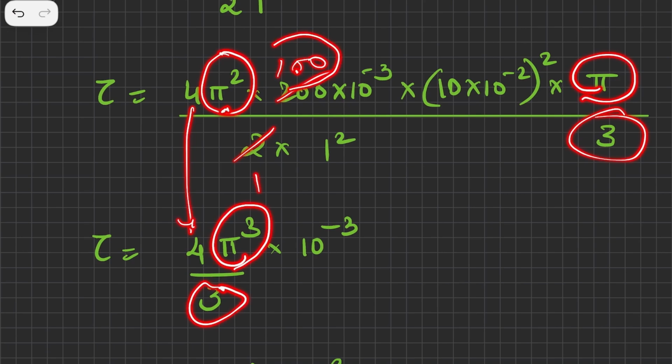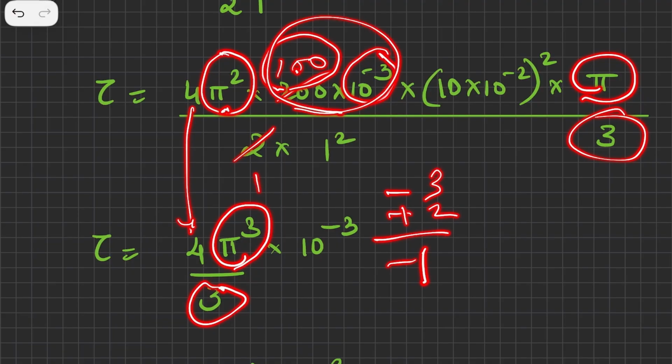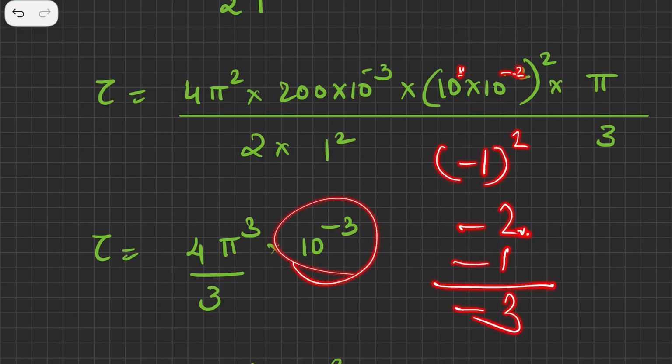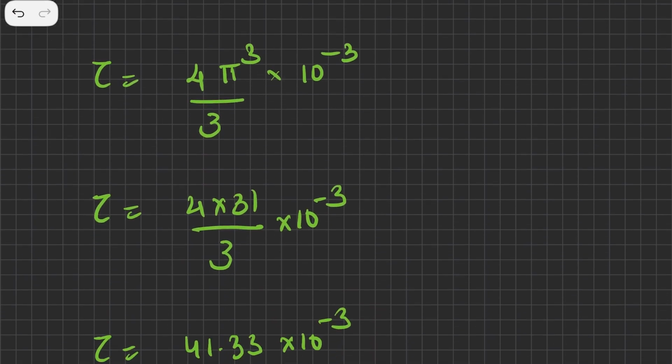Now this is 10 raised to 2 and this is 10 raised to minus 3, so minus 3 plus 2 gives minus 1. Here there is a 1 and a minus 2, so 1 minus 2 is minus 1, and minus 1 squared is minus 2. Combined with the minus 1, that comes out to be minus 3.